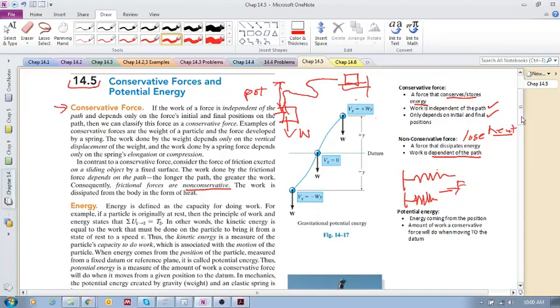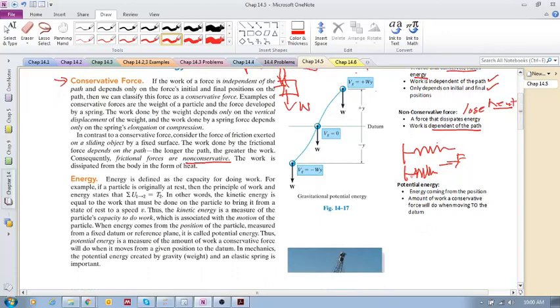So now you can see how conservative forces and potential energy are related. Potential energy is the energy that comes from position. If you raise this box up higher, then it has a higher potential energy. There's more energy stored.